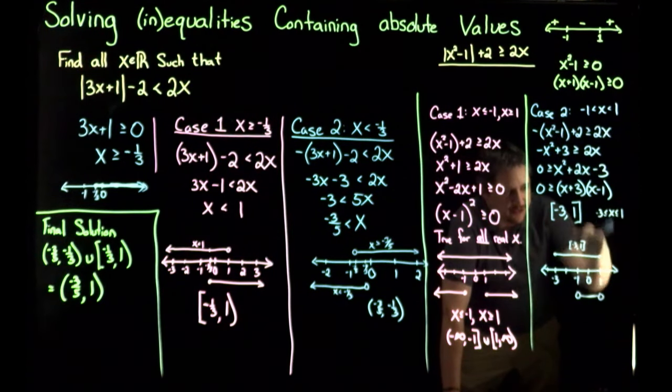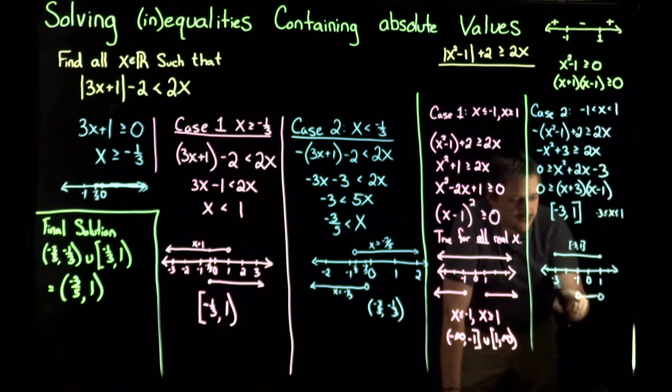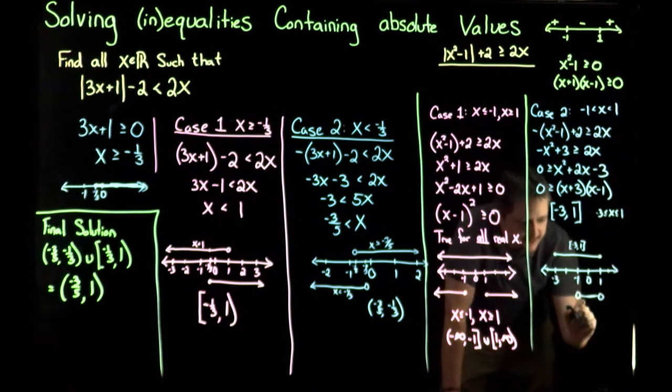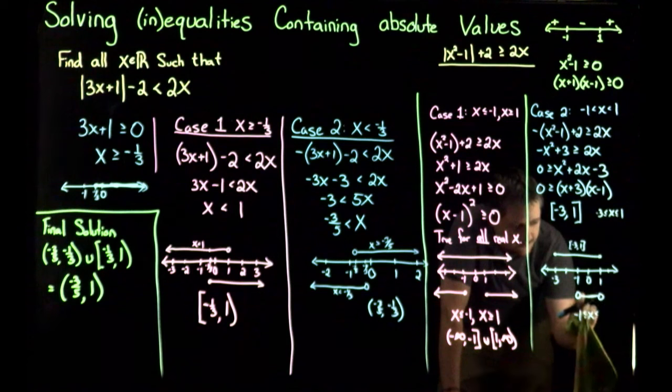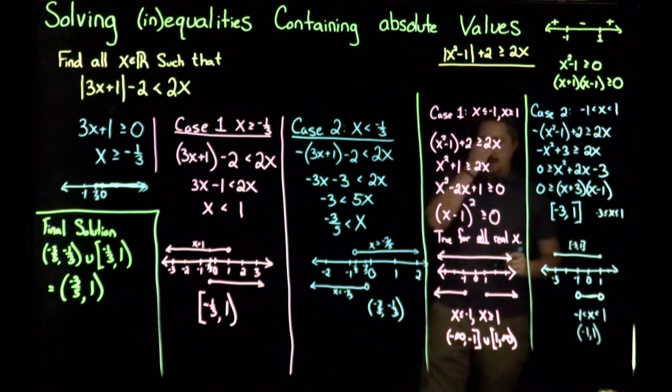And so the total solution is where they overlap, which is exactly, again, the assumption. So it's going to be exactly -1 less than x, less than 1, or open -1 to 1.